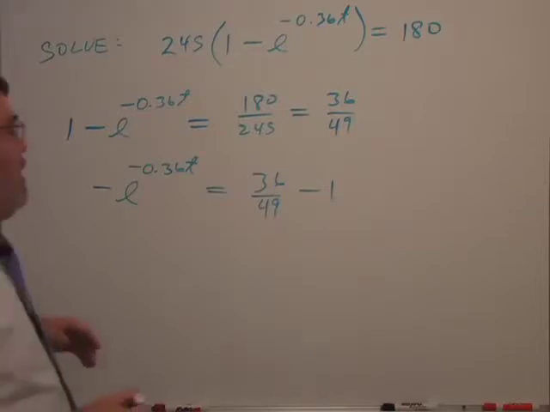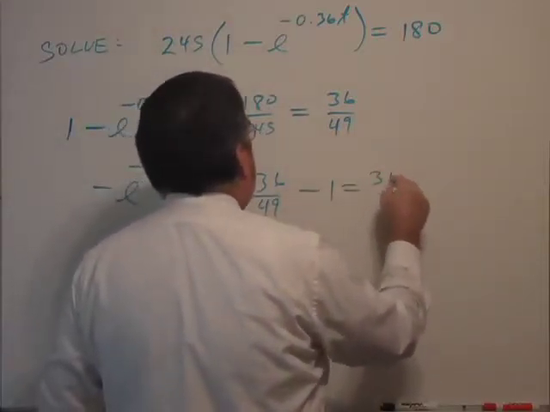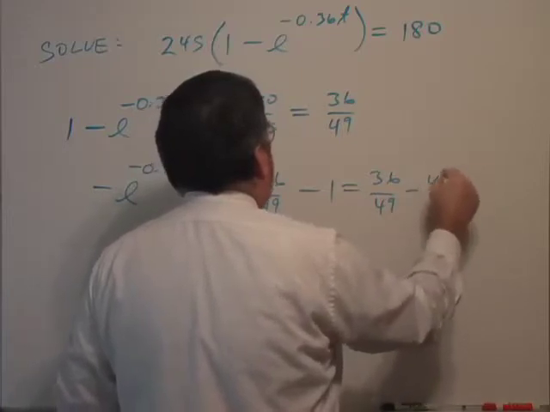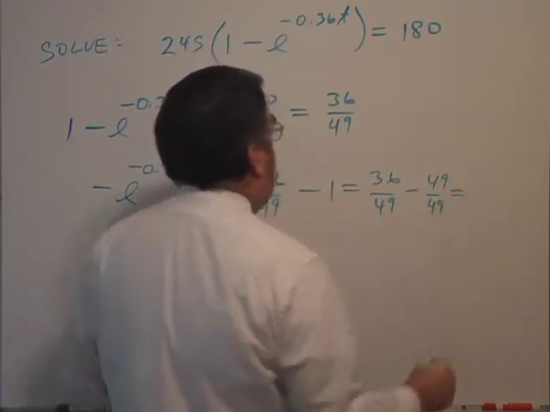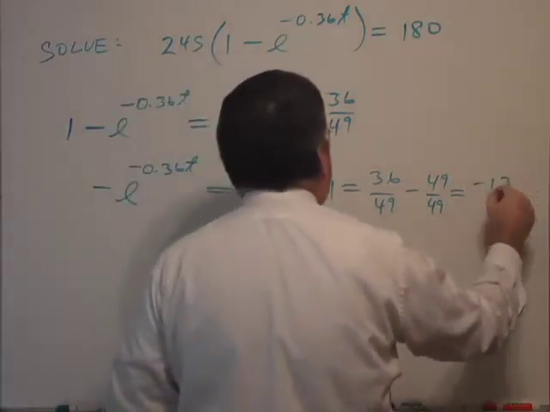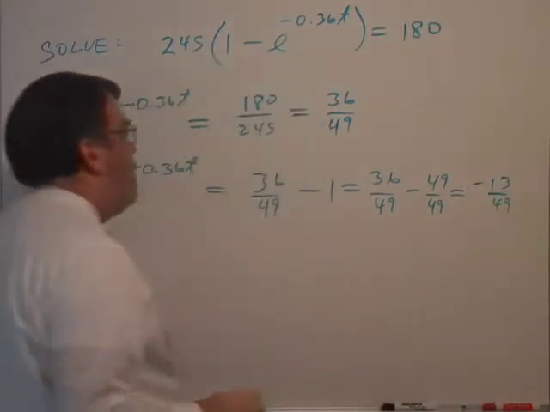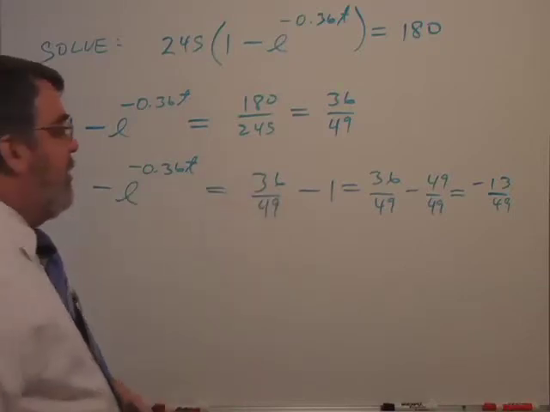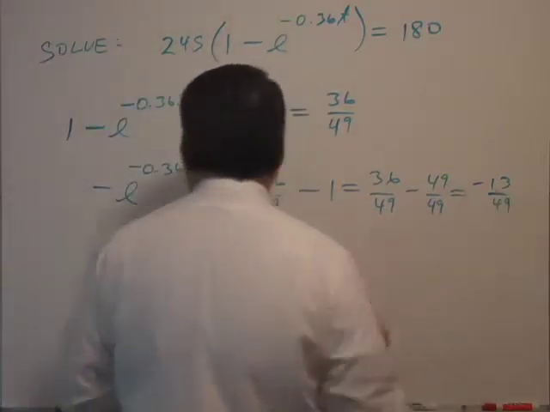But because I'm me, and this is a pretty easy one, 36 over 49 minus 49 over 49 would be negative 13 over 49. So just subtract 1 from that fraction, you get this negative answer.